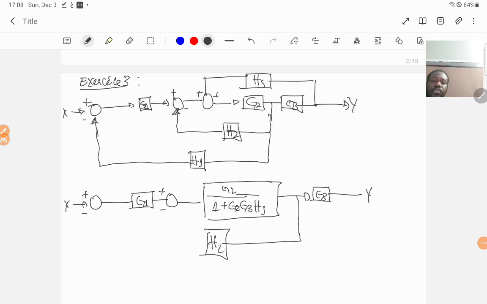The feedback h2 will be in here, and the feedback h1 will be over there.